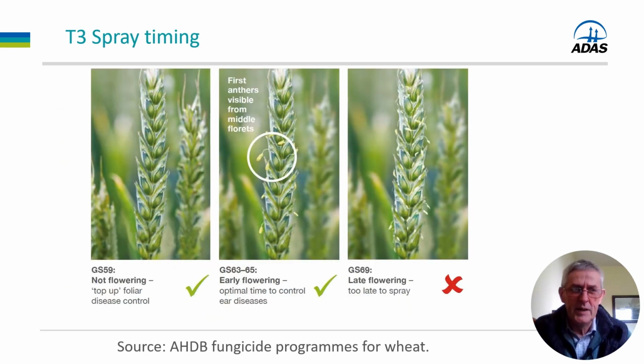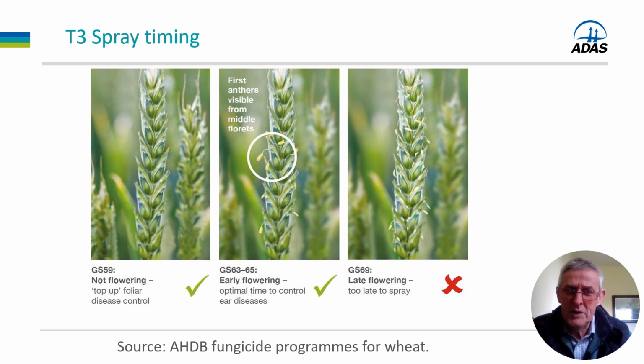That leaves us to consider the T3 spray timing, which can have a rather different focus. Again, the timing of this is critical, which of course is difficult with UK weather. But ideally, if we treat at growth stage 59 when the ears have just fully emerged but have not yet flowered, that gives us optimal timing to top up the foliar disease control, but is not effective at protecting against Fusarium ear blight and other ear diseases.